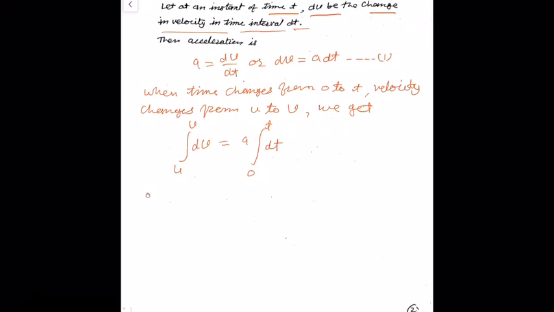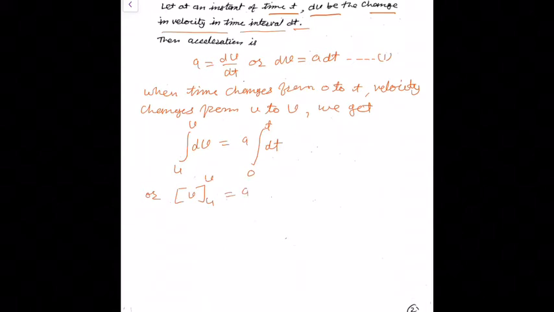or integration of dv, v limit from u to v, is equal to a integration of dt, t limit 0 to t.